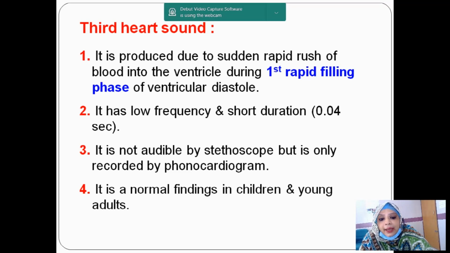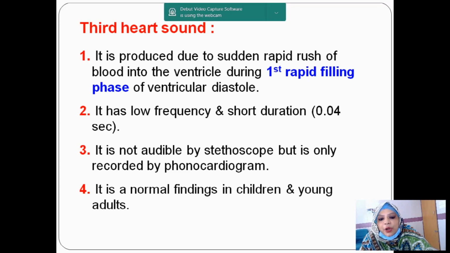This is a very important thing. Only the first and second heart sounds you can hear by stethoscope, but the third and fourth heart sounds you cannot hear by stethoscope. You can only record them by phonocardiogram, like ECG.